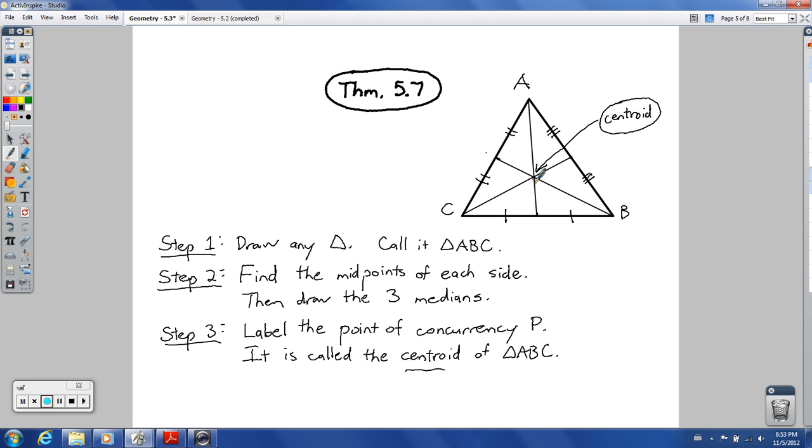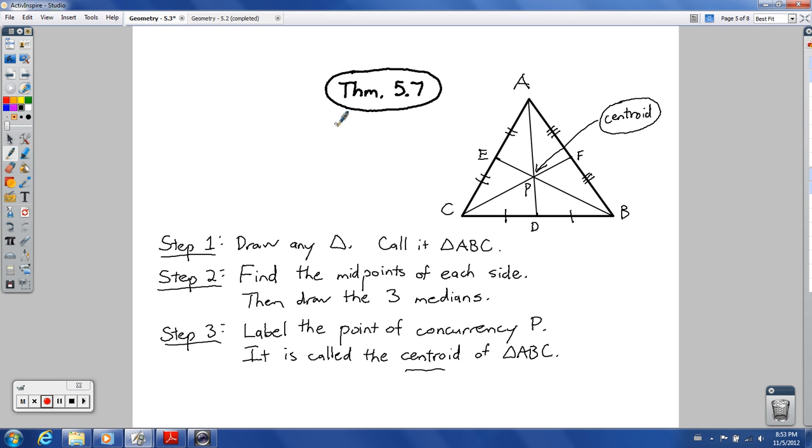This larger part of this median always ends up being 2 times bigger than this other part. And I want to label a couple other things here. I forgot to label this with a P, so I'm going to put a P here. And I'm going to say this is D, E, and F over here.